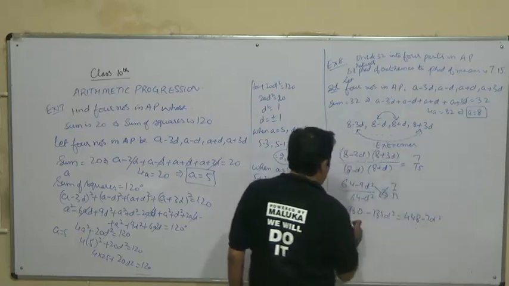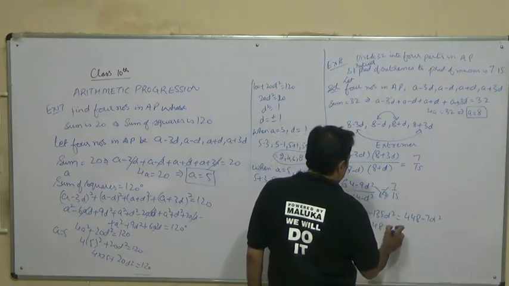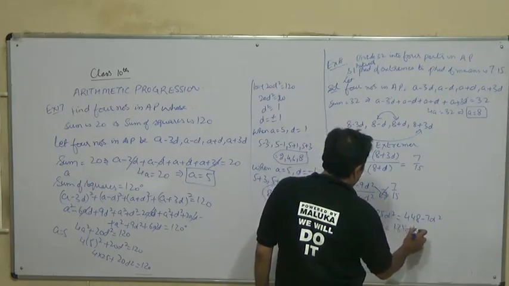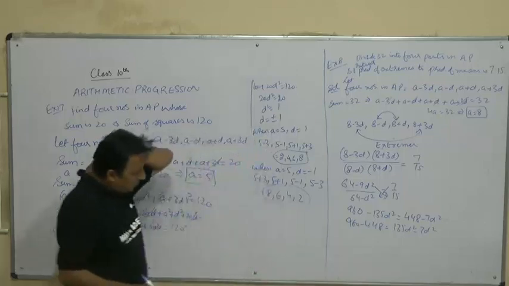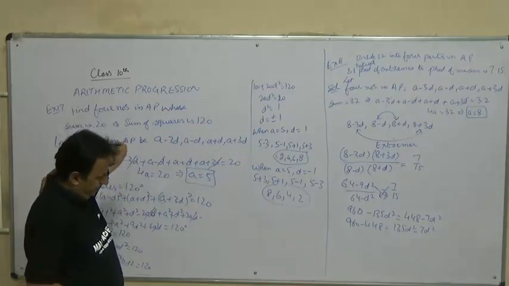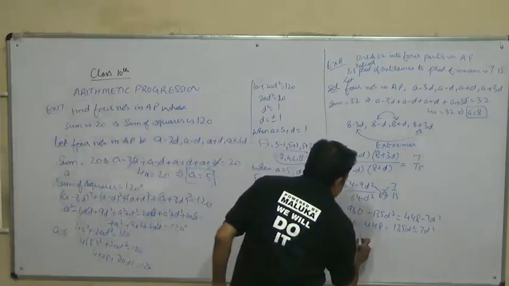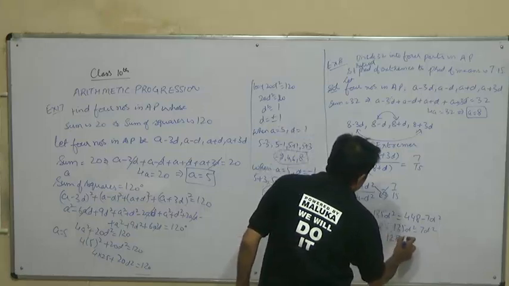So this will be 960 minus 448 is equal to 135d square minus 7d square. Just calculate it. This will be 512 is equal to 128d square.